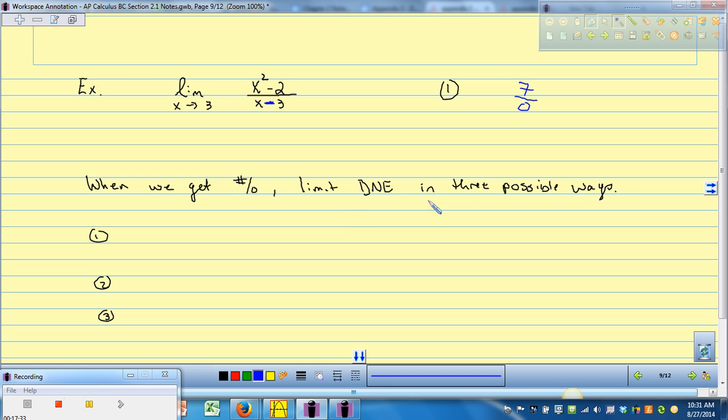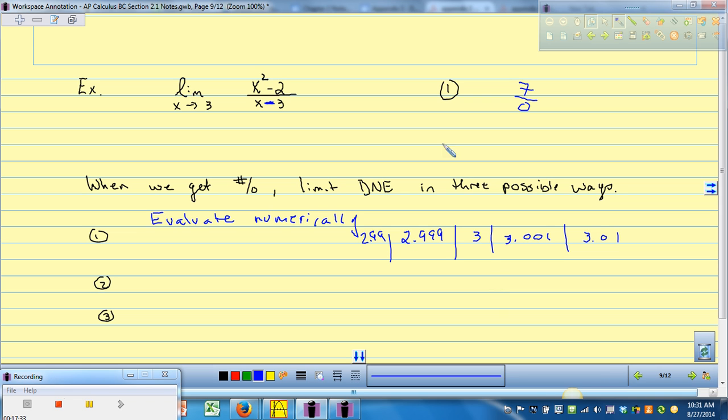The limit does not exist, and there are 3 possible things that could be happening. What you can do is evaluate numerically. I am approaching 3, so maybe I want to see what is happening at 2.999, and maybe 2.99, and maybe 3.001, and 3.01, and plug these values into our expression to see what it's approaching.